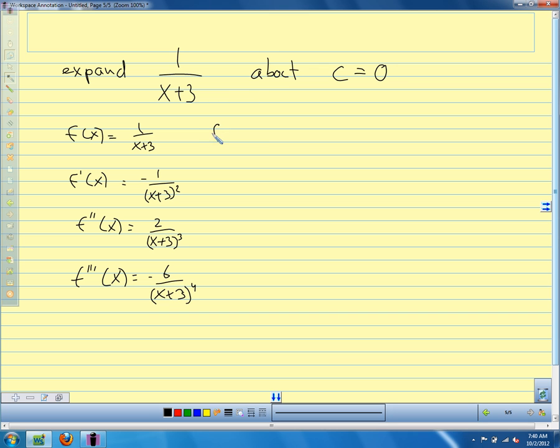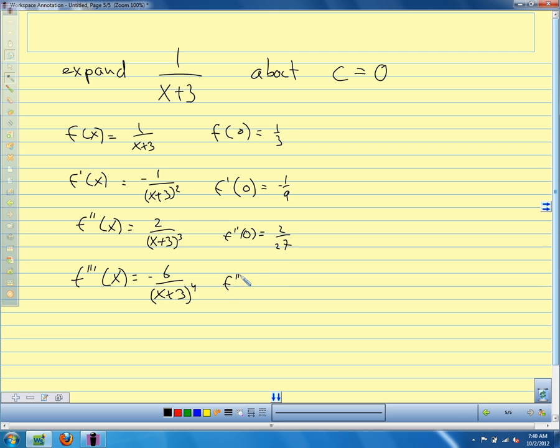So f of 0 is 1/3. f prime of 0 is minus 1/9. f double prime of 0 is 2 over 27.